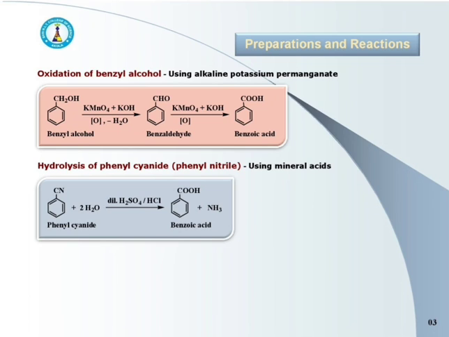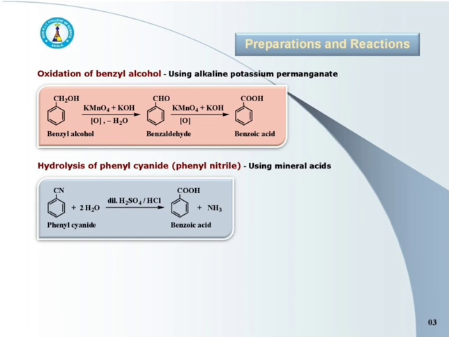Benzoic acid can also be prepared by oxidation of benzyl alcohol. When benzyl alcohol is oxidized with alkaline potassium permanganate, it gives benzaldehyde, which on further oxidation is converted to benzoic acid. See the reaction.